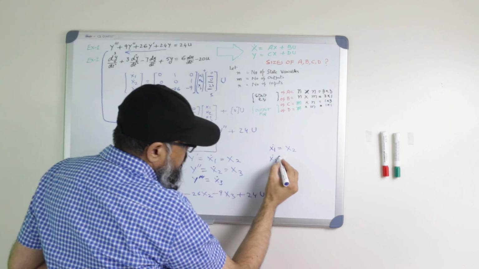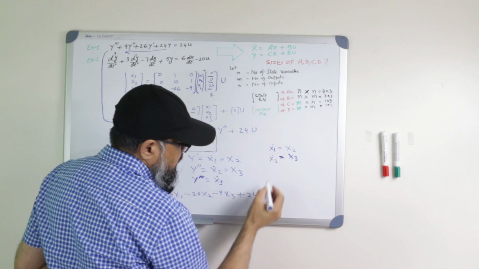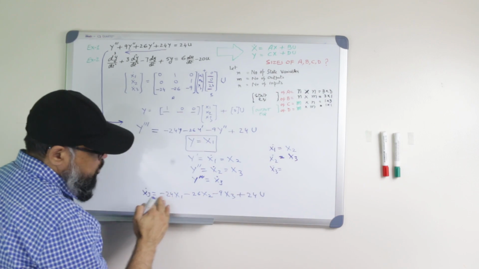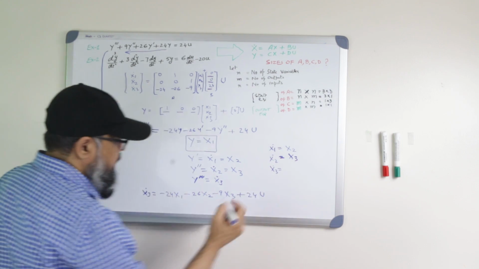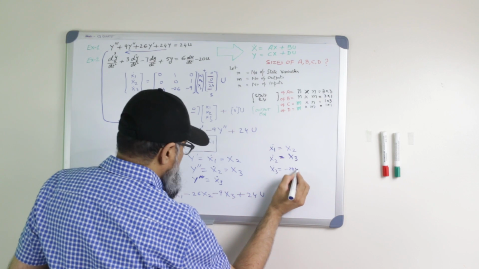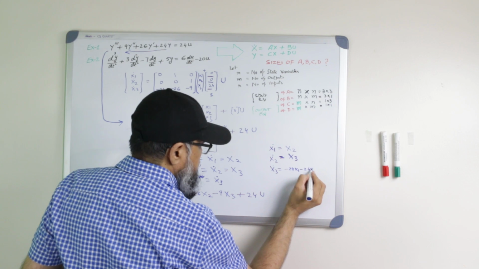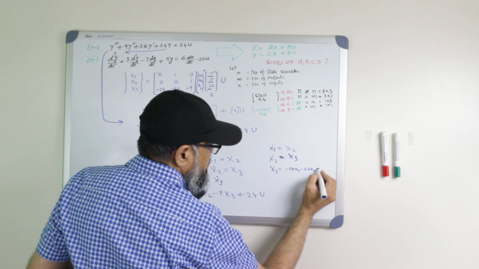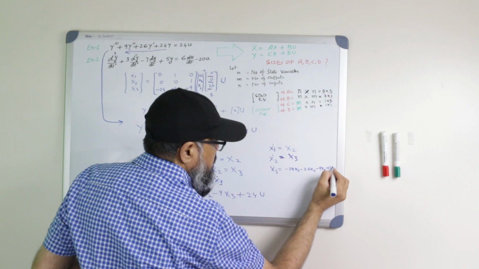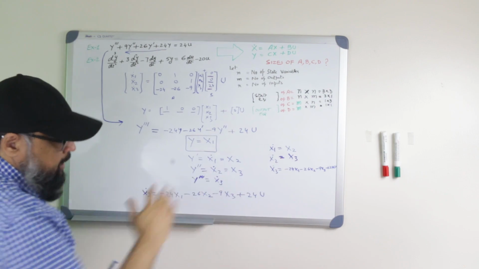So what is x2 dot? x3. Then I will write x3 dot, which is basically this whole equation. I will squeeze it down a little bit: minus 24x1 minus 26x2 minus 9x3 plus 24u. So now I can delete this.